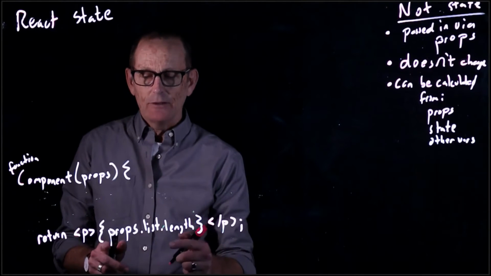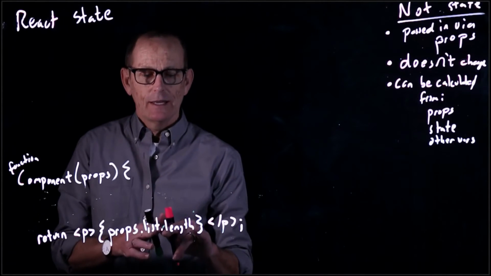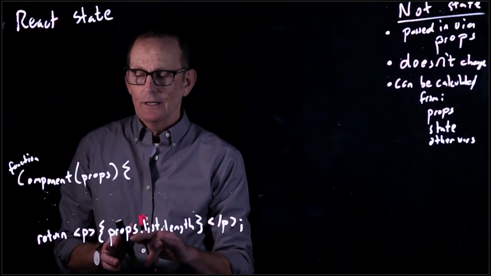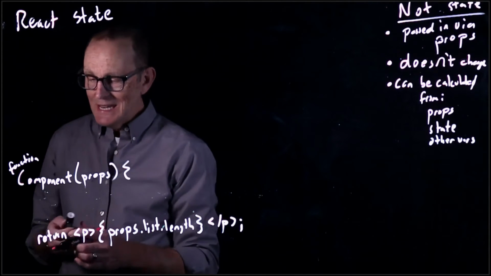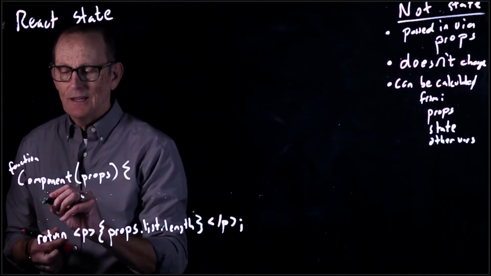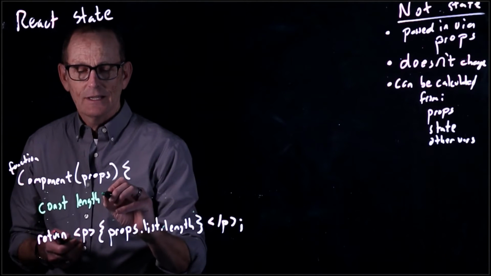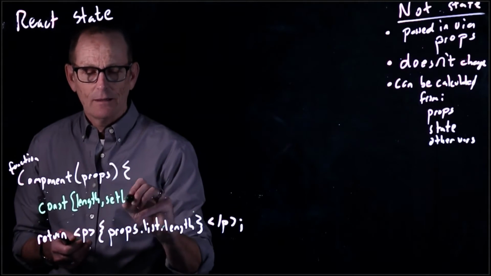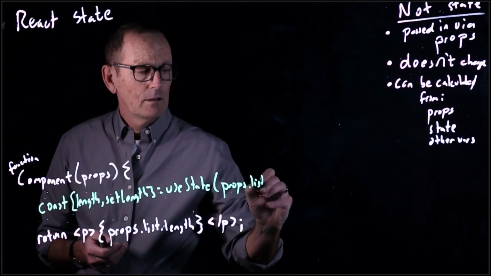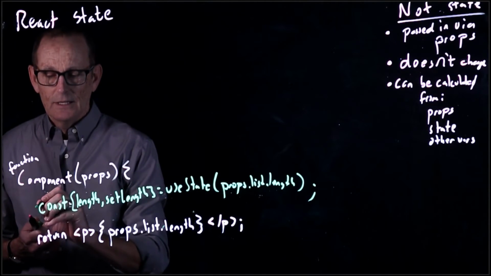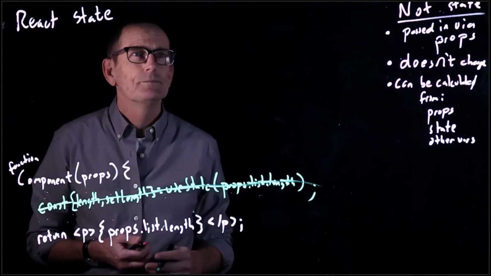Well, this is exactly how you do it. You just go ahead and calculate this value based on an existing property. What you would not do is say something like const length, set length equals use state. So this is not what you would do.